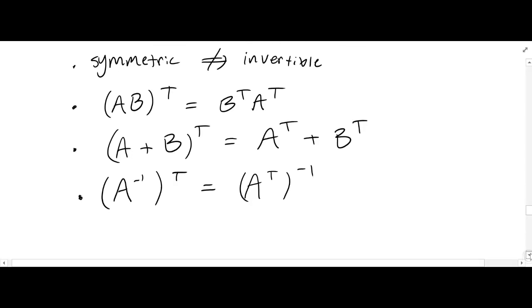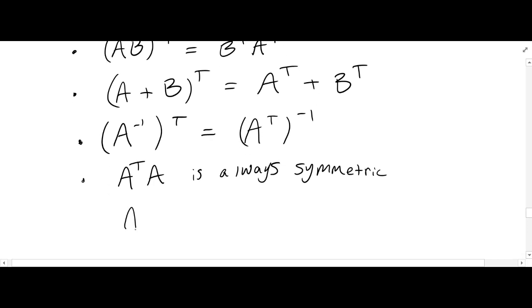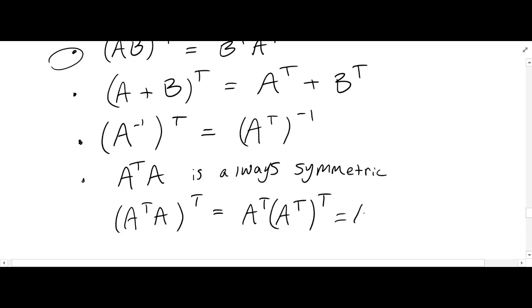So there are some properties. Another fact: if you take A multiplied by its transpose, this is always symmetric. A transpose A is always symmetric. We can check that if we take the transpose of A transpose A, then using the property up here, this is A transpose times A transpose transpose, and the transpose of the transpose is just A again.